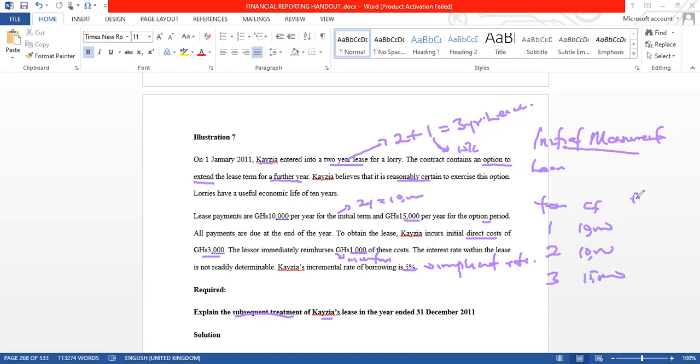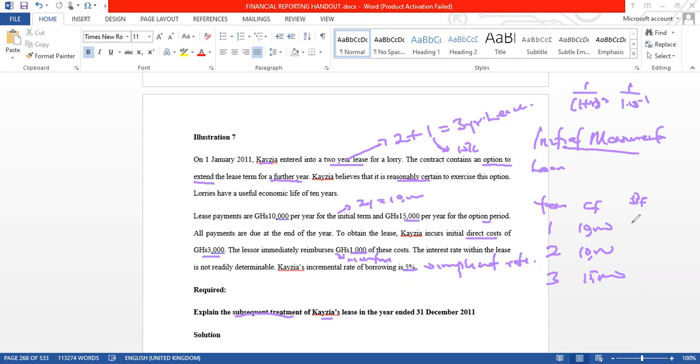Then you need to bring in your discount factor. We have 5%. So remember how you go about it: 1 over (1 plus r) raised to the power n. So you'll be having something like 1 over 1.05 raised to the power 1 for the first year.